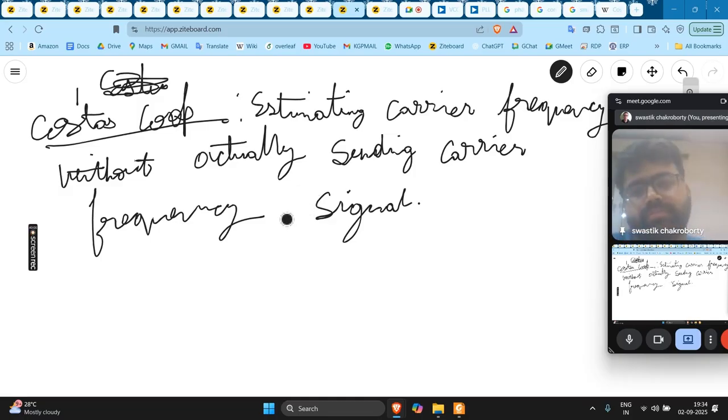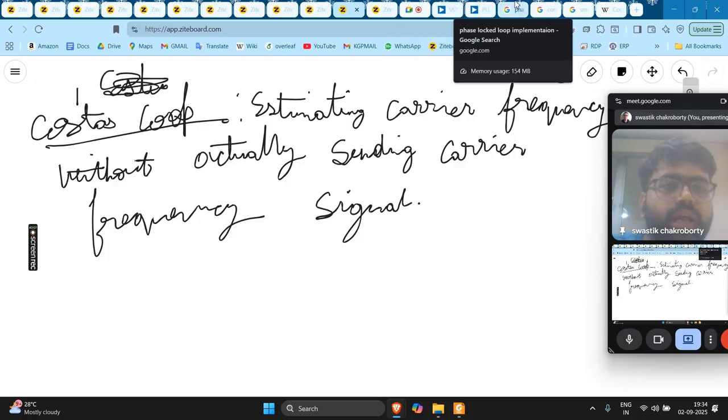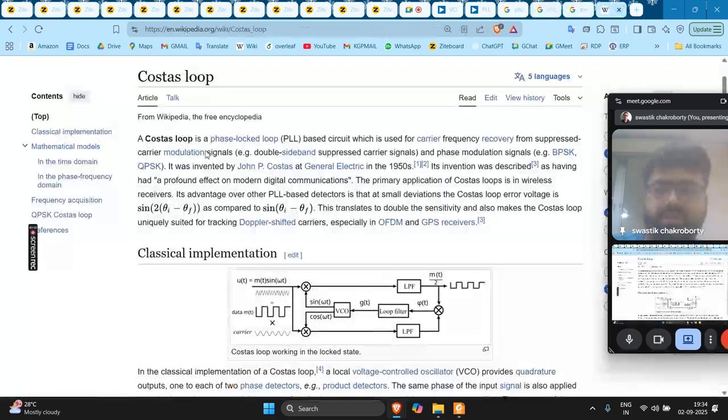This is the Costas loop. So we are saving the power of transmitting a carrier frequency as well as getting all the information that is needed.